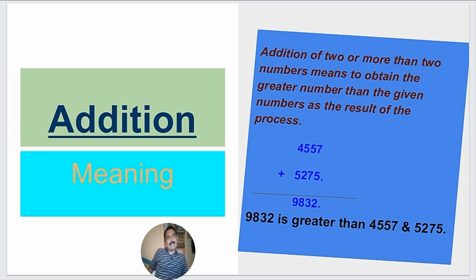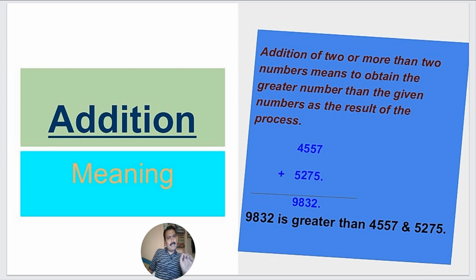Now when we observe clearly, we can make the comparison between these three numbers. 9832 is greater than the first two numbers, that are 4557 and 5275. So at the last we are writing here 9832 is greater than 4557 and 5275.